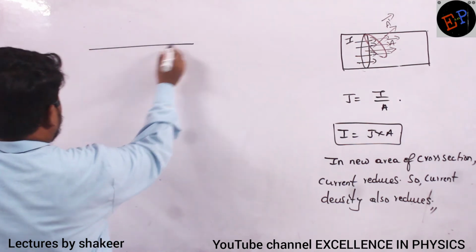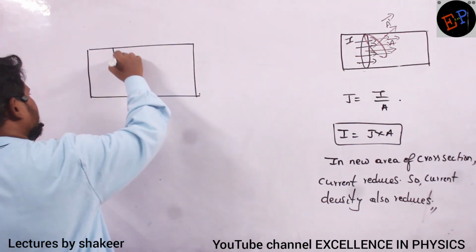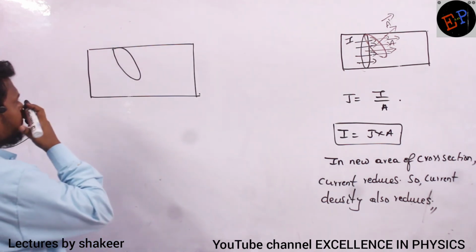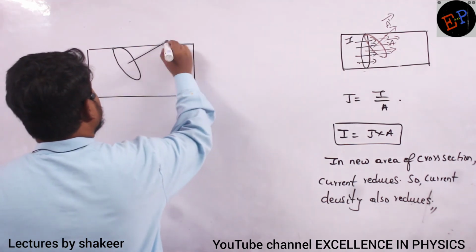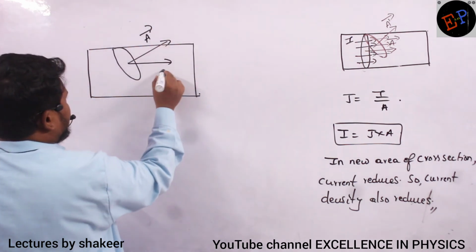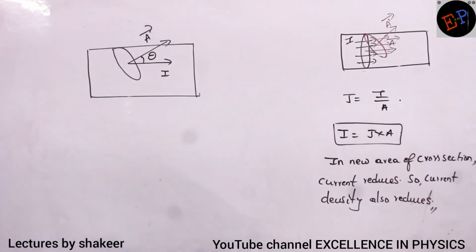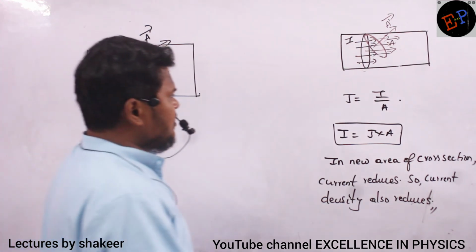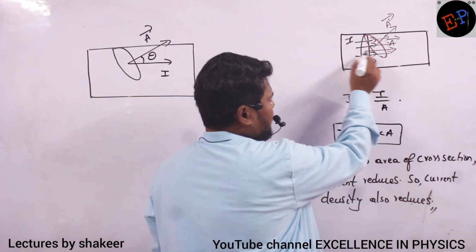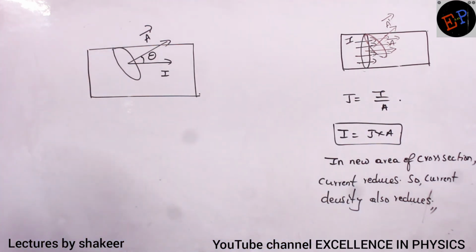So this is the conductor and this is the area of cross section which I have taken. This is the area of cross section A dash, which is making an angle theta with respect to the current. Previously the angle between current and area of cross section was 0, but here there is some angle, theta.